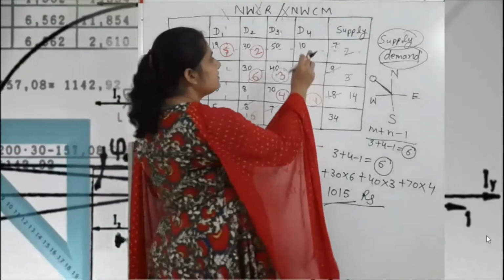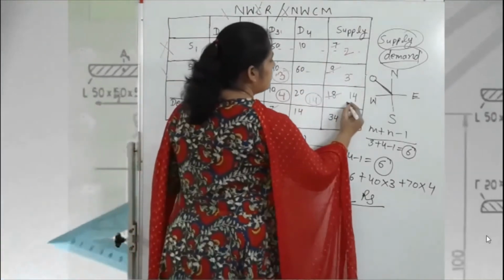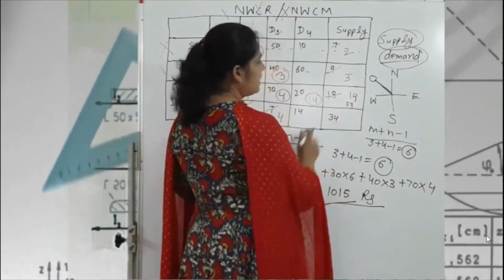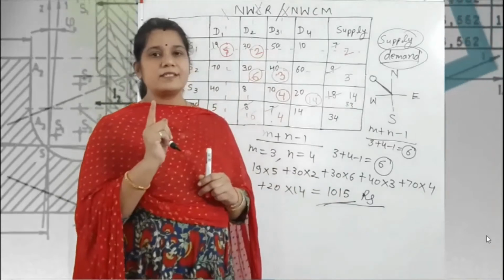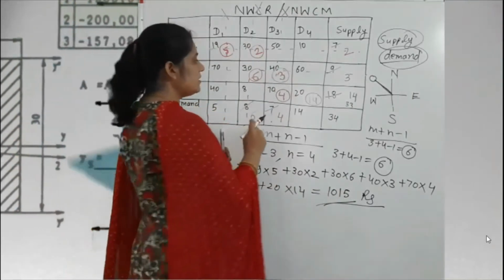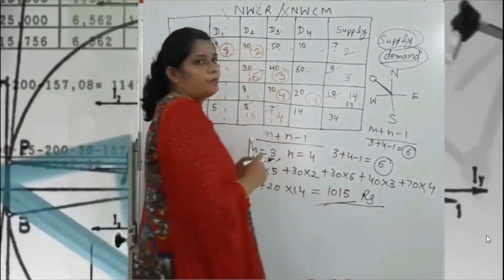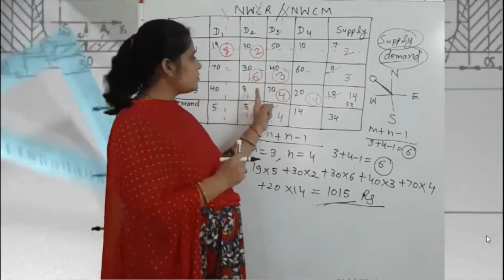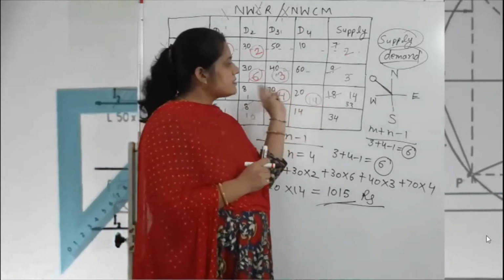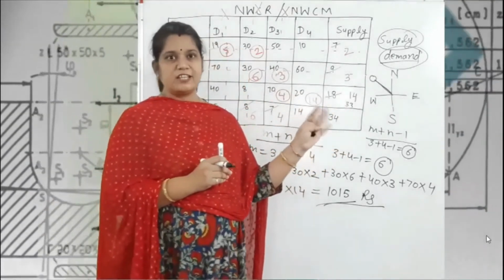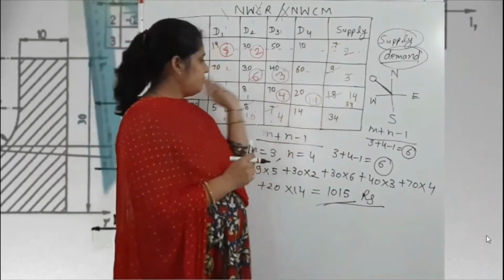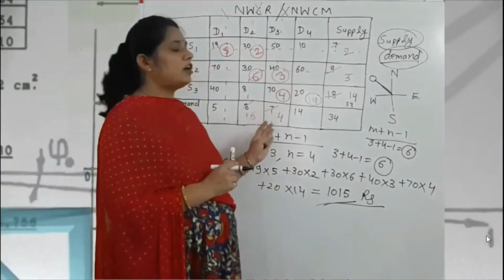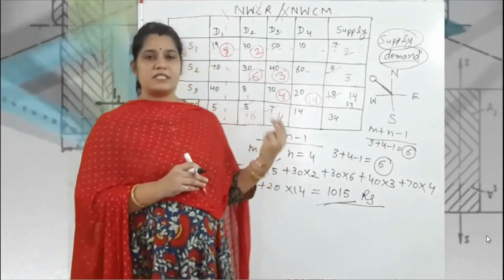That means our supply is 33 and the demand is 34. That means one number is missing. So here we add a dummy row. Dummy row means we write here 0 0 0 0 and the supply is 1. Got it? So here supply is 34 and the demand is 34.